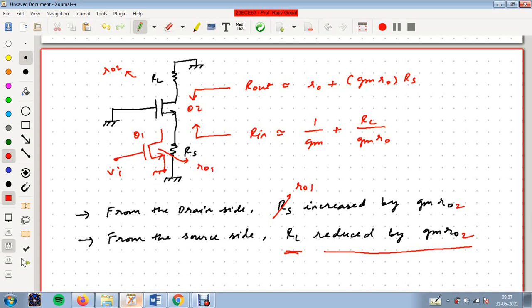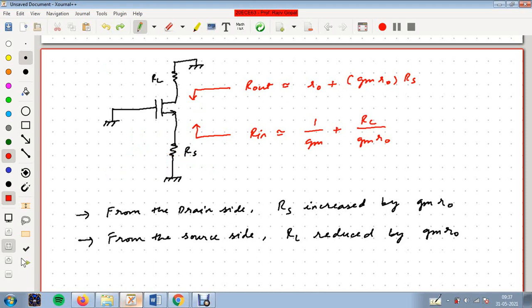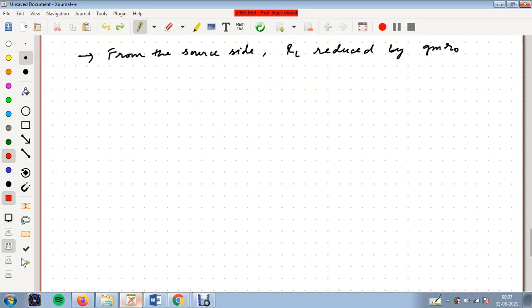So let us look at the cascade amplifier itself. I hope you have no queries till here. Any queries, let me know. Okay, so cascade amplifier.